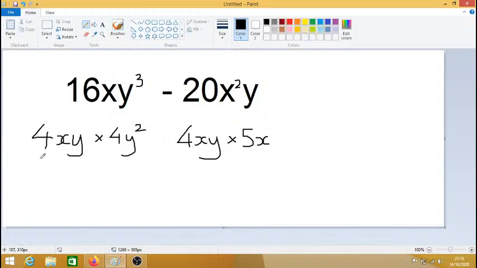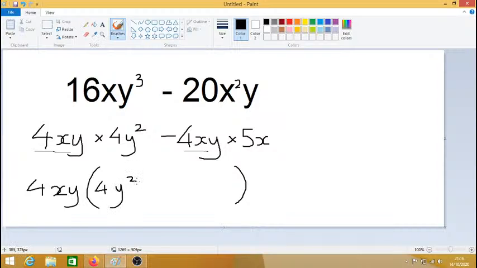So I've managed to identify my common factor, and then it's just a question of pulling that to the front of the brackets. So the 4xy can come to the front. Imagine there's a minus from the first minus in between, and then what's left can go inside the brackets.